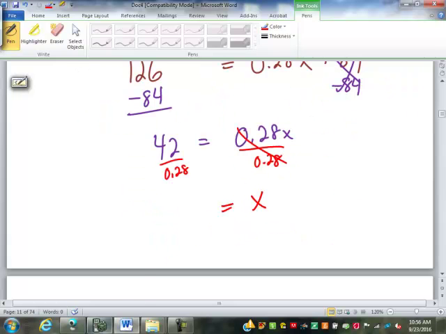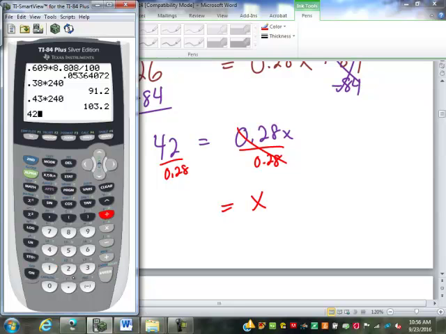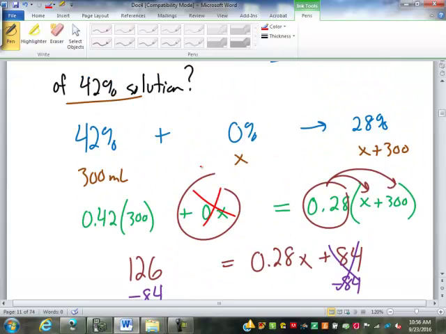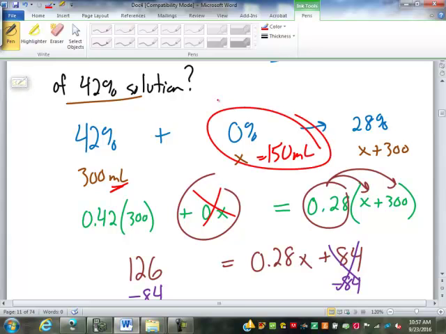X equals 150. So that's 150, our units we've been using being milliliters, of basically sterile water, neutral solution.